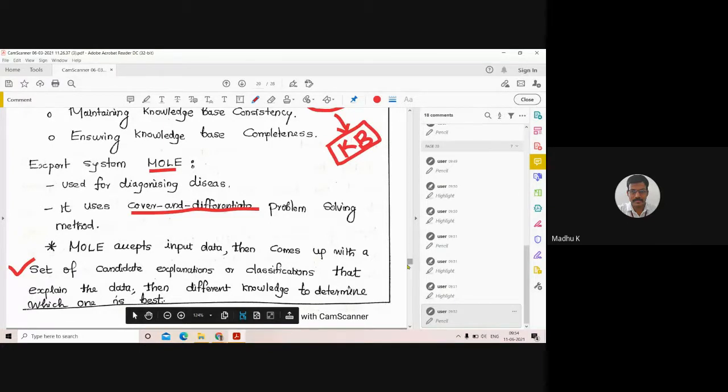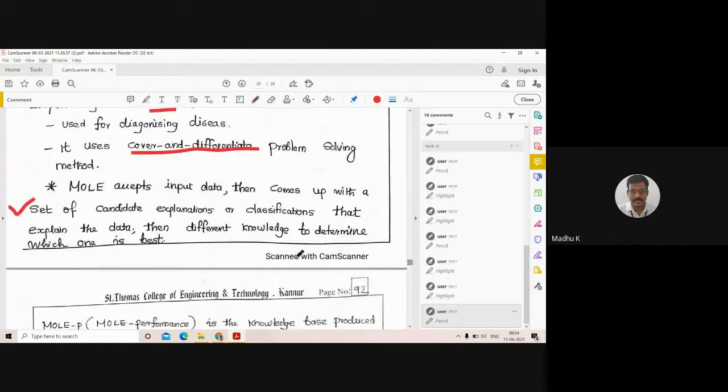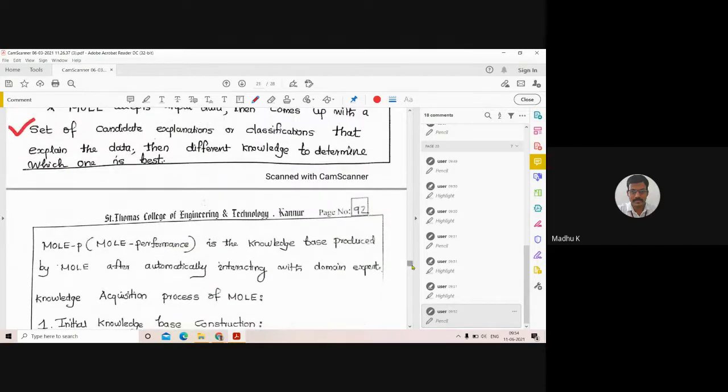So it accepts the input data, automatically comes up with a set of explanations or classifications that explain the data, and from that it automatically finds the best one. So this is about the knowledge acquisition of MOLE.